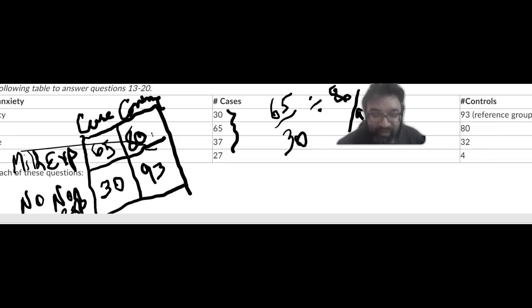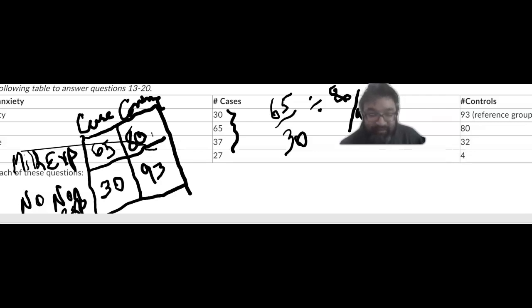So then when you calculate this, what you want to do is take the reciprocal of this number. Now, what you can do is calculate 65 divided by 30, and then divide that number by 80 over 93. Instead, what you can do is multiply this.